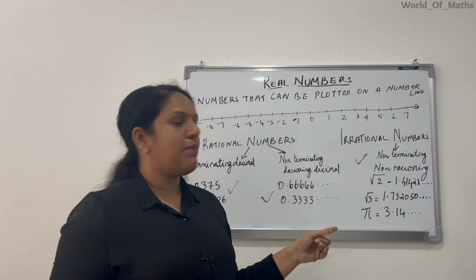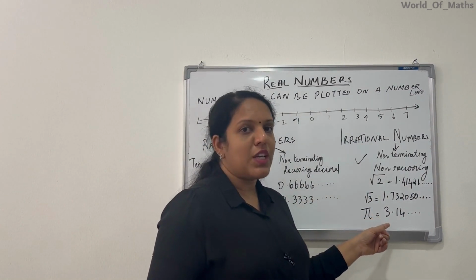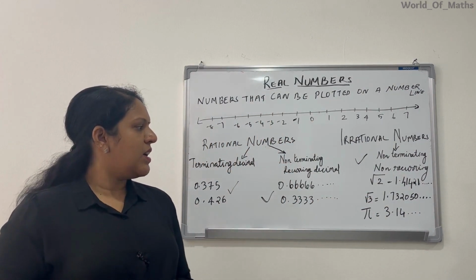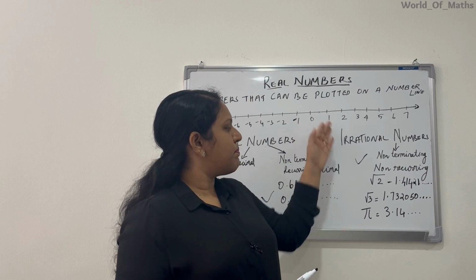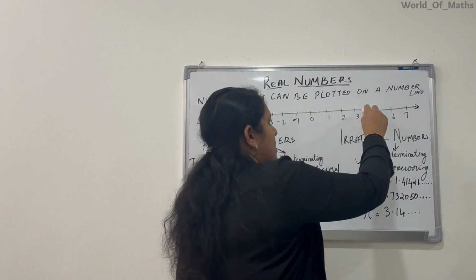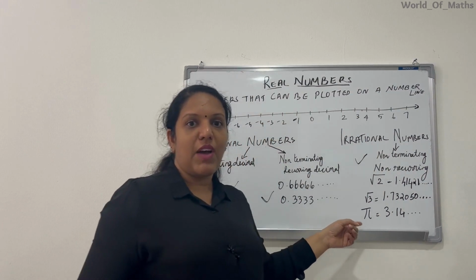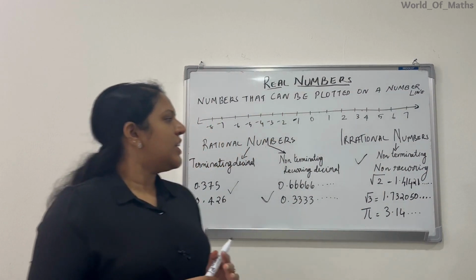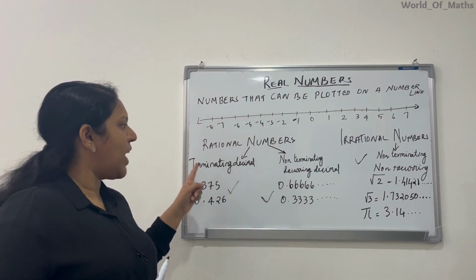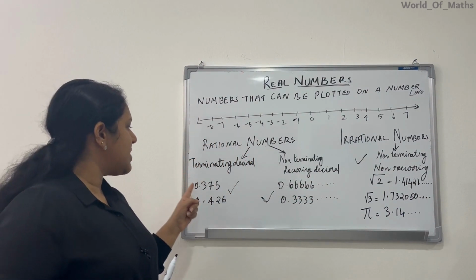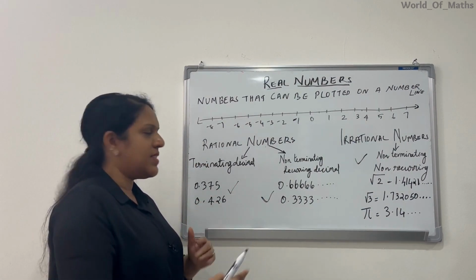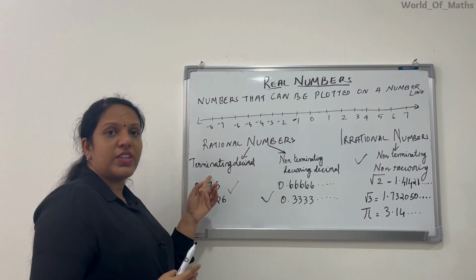We have a common number called pi, which has the value of 3.14, which is equal to 22 divided by 7. Can we plot the value of pi on a number line? Yes, we can plot it in between 3 and 4. So the value of pi is also considered a real number. We can conclude that the rational numbers which have terminating decimals, where the decimal points end after certain digits, are real numbers.